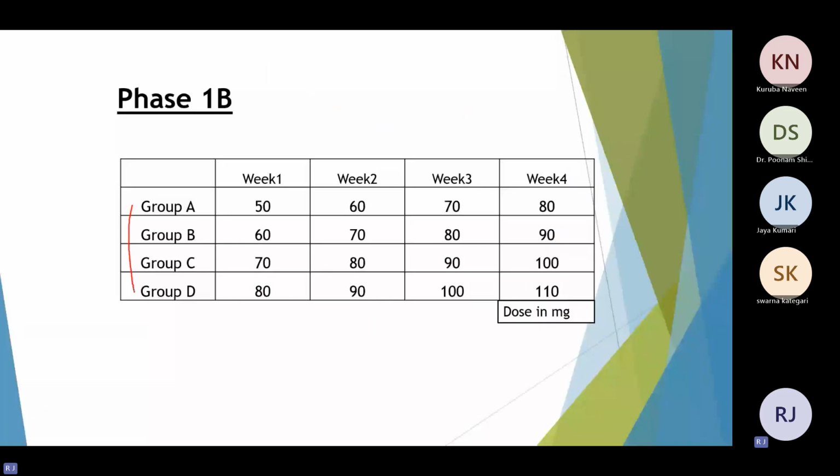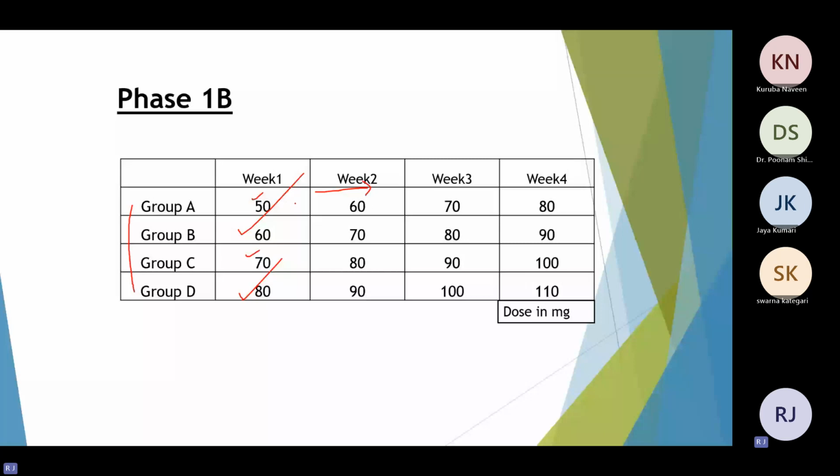Like in week 1, we are giving 50 mg, then 60 mg. In group B we started with 60, in group C we started with 70, then in group D we started with 80, and then we are increasing it. That's why it is a multiple ascending dose study, because we are giving different doses of the drug in ascending order.